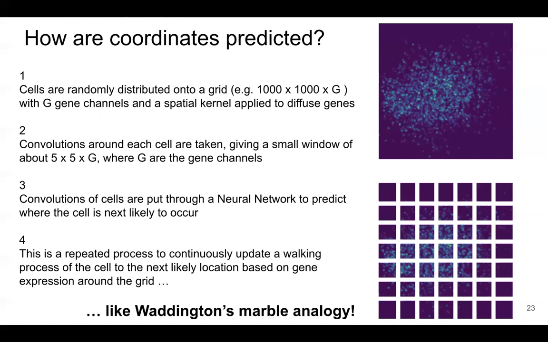And so this is very similar to Waddington's marble analogy that describes the differentiation landscape. Instead, here we have a spatial landscape, a snapshot or window in time where the genes are most likely to occur based on the histology slide.